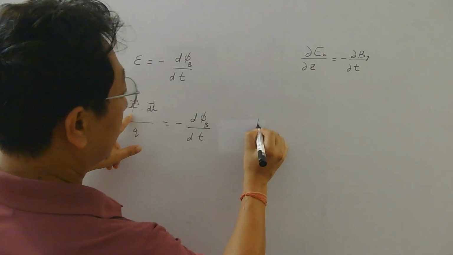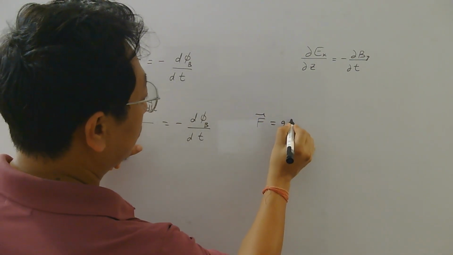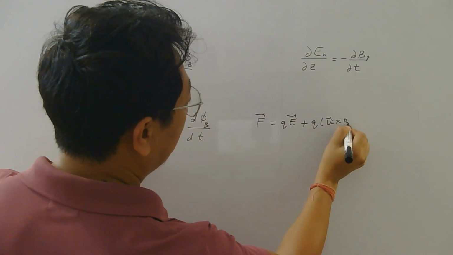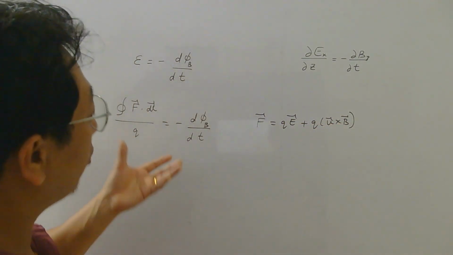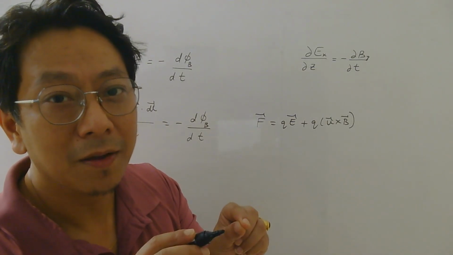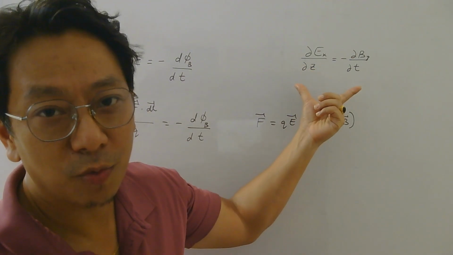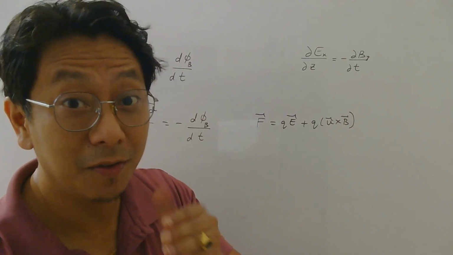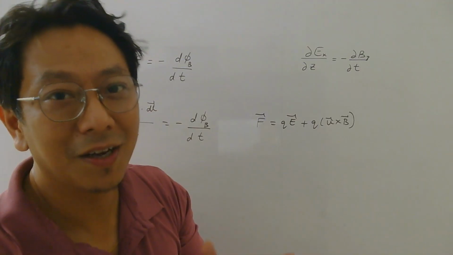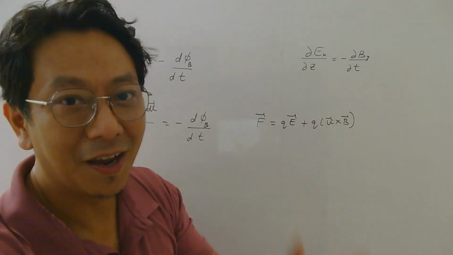Now the force on a moving charge can be due to the electric field or it can be due to the magnetic field. However, we are going to apply this law to an imaginary loop for deriving this formula, because this is for electromagnetic waves in free space, in vacuum. So there are no real currents and charges in that free space.